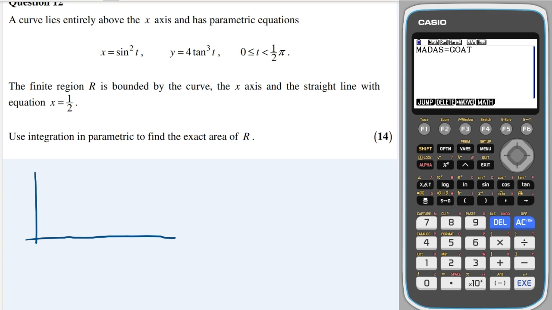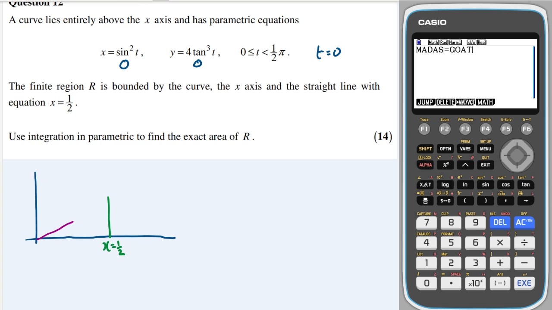We know that it's bounded by the x-axis and the line x equals 1/2. And we also know that when t is equal to 0, we get 0 from that, and we get 0 from that. So we know it goes through the origin.